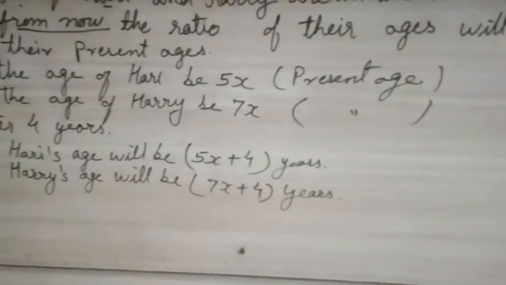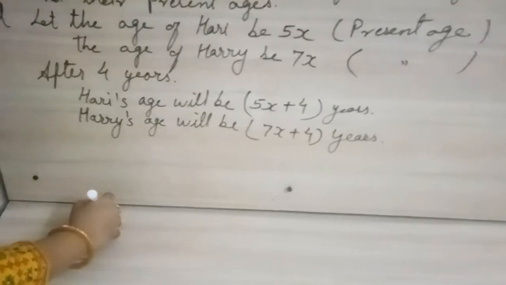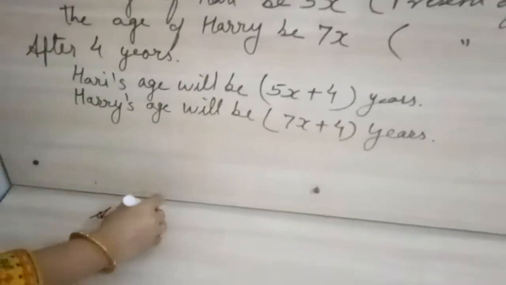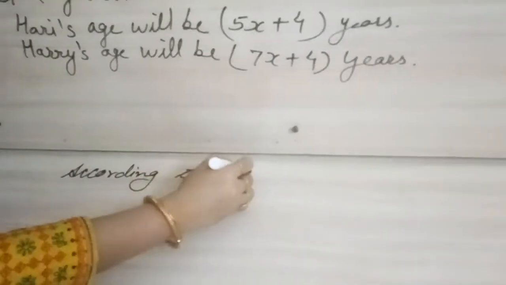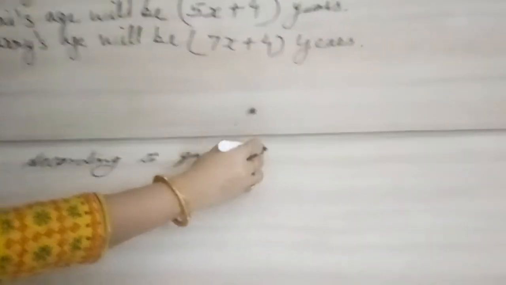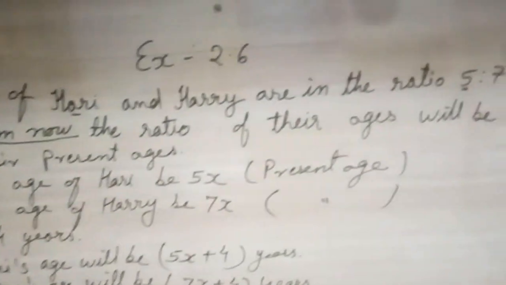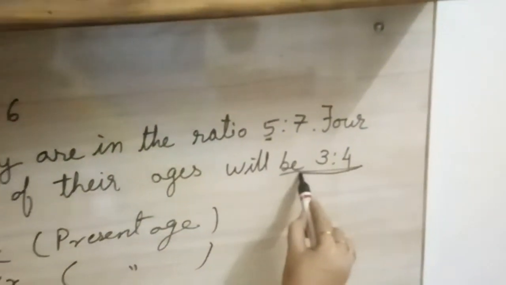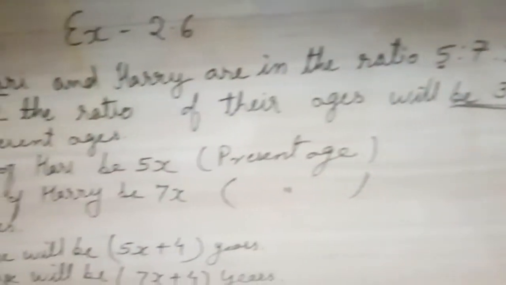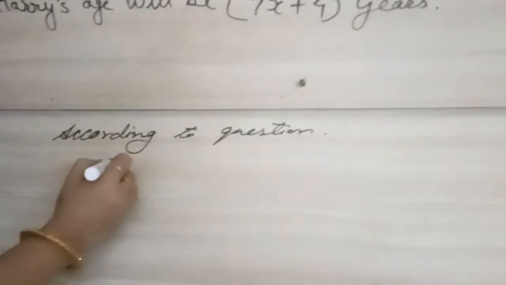Now according to the question, what are they telling? You have to concentrate here. The ratio of their ages will be 3:4.